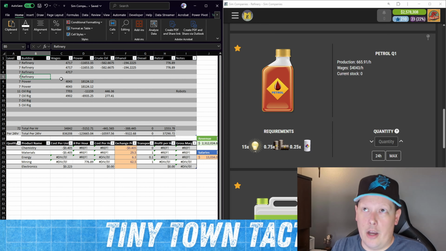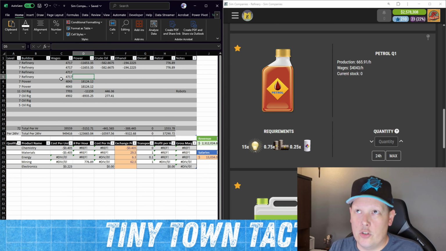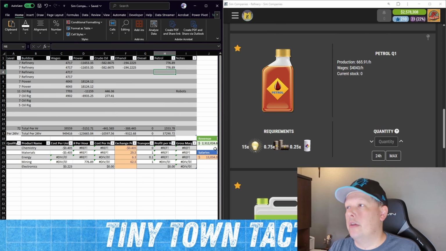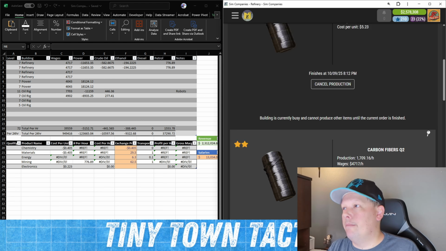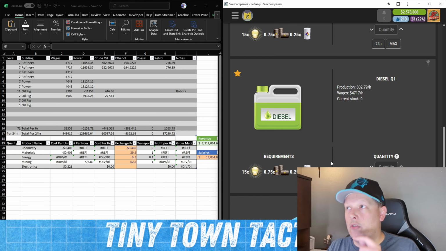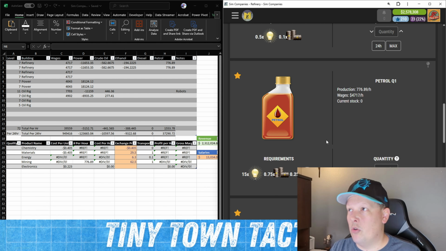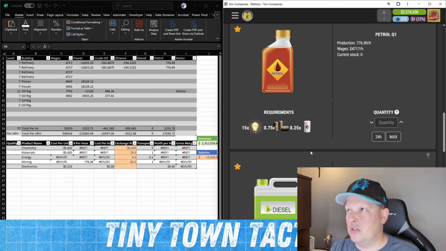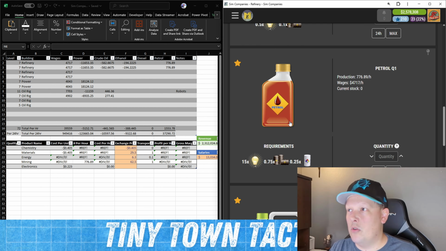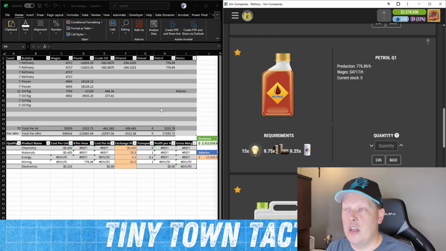We'll pretend like the wages wouldn't change, even though they would. But we'll pretend just for production's sake and stuff. Like, I want to get some numbers to know, because I'm making 802 more here. I'm making more diesel. So is it more profitable to sell the diesel, or is it like Petrol going to sell a little bit more, so making a little bit less is actually okay?